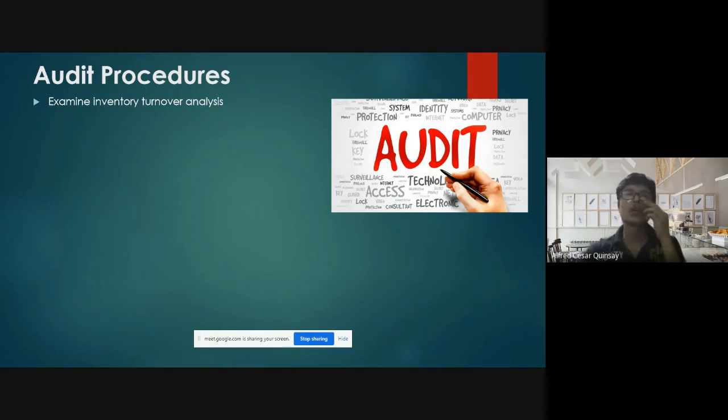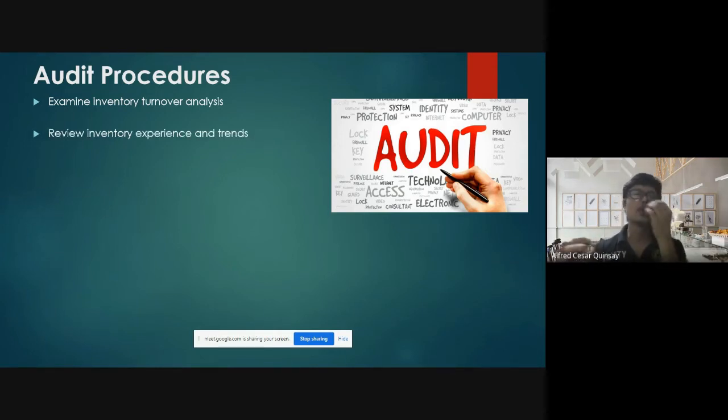So ganoon din yung turnover ng inventory, mula sa pagbili mo hanggang sa pagbenta, hanggang sa maibili mo ulit ng inventory. So ilang beses yung ikot na yan? Of course nagdidepende yan sa sales.